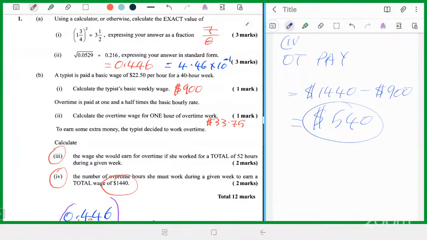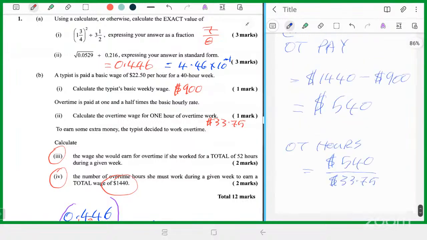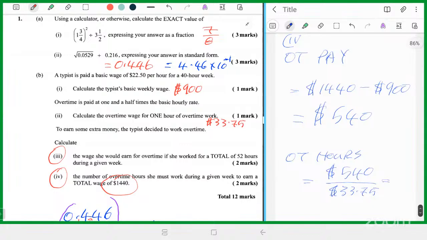So to know the total overtime hours, you need to divide this by the $33.75. So the OT hours that you work has to be the OT pay, which is 540, divided by the overtime rate, which is $33.75.